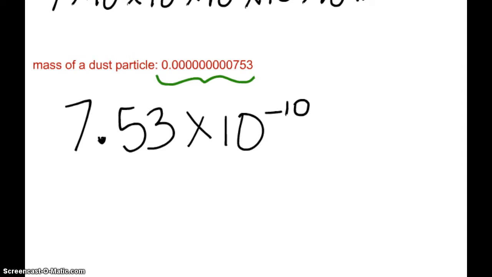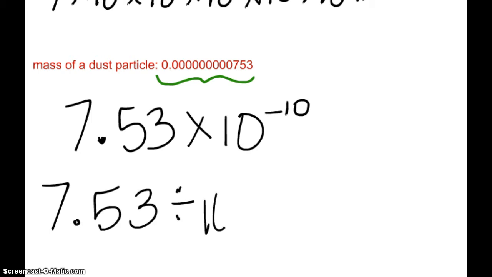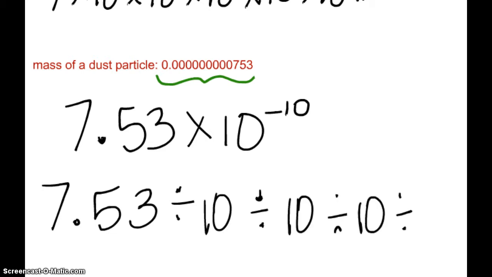And what that means is 7 53/100 divided by 10 divided by 10, all the way until we have divided by 10, 10 times.